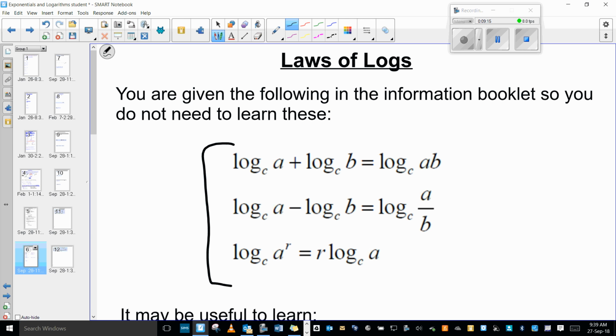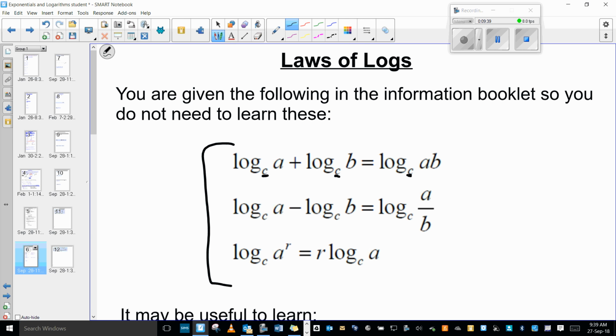If we have log statements, and if we notice our base for each of these is the same, so if our bases are the same, and we have 2 separate log statements added together, we can actually combine those to just give one single log statement. And we would do that by multiplying the 2 values.